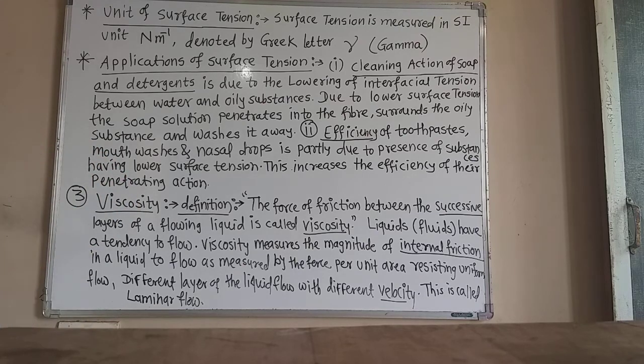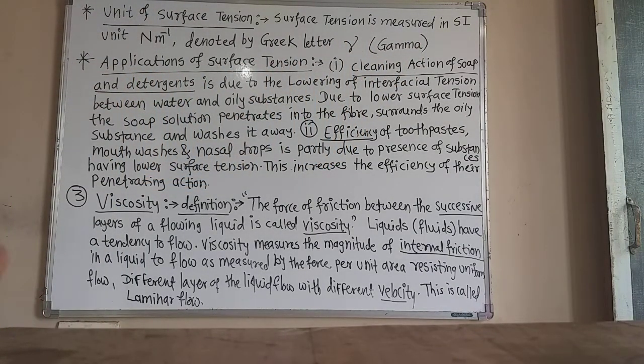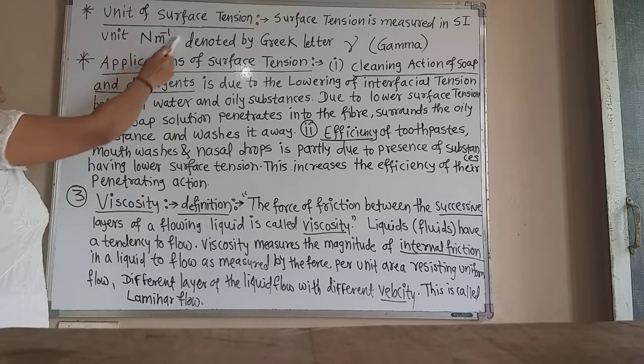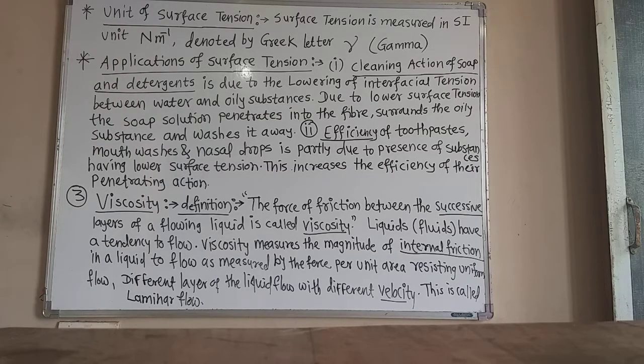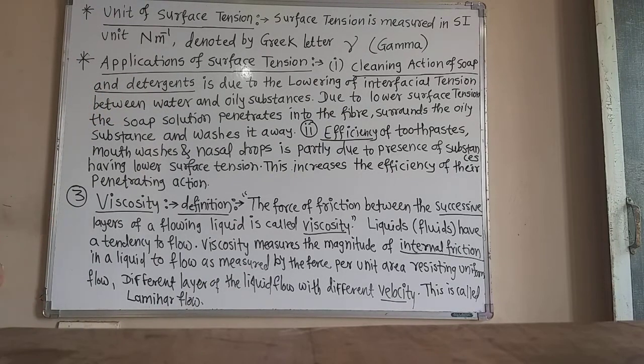Now see here, as it is the force per unit length, surface tension is measured in the SI unit, and that SI unit is Newton per meter. Newton is the unit of force and per meter means length. So Newton per meter is the SI unit of surface tension, and it is denoted by the Greek letter gamma.